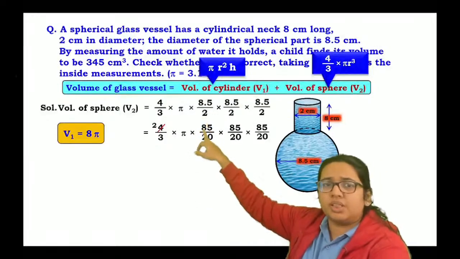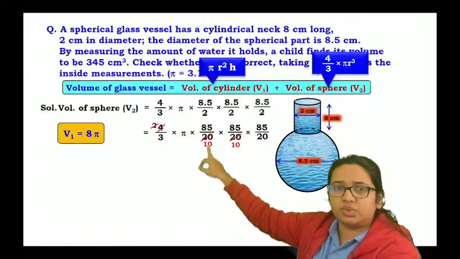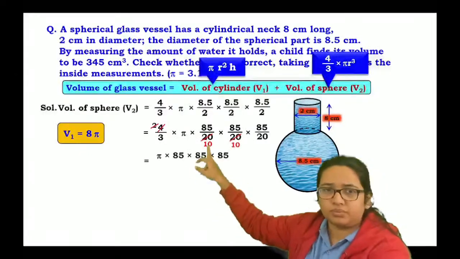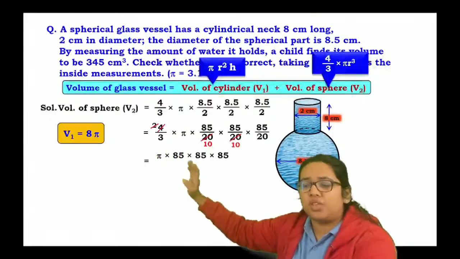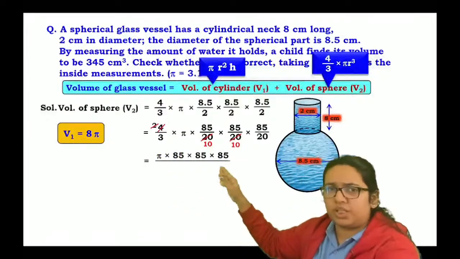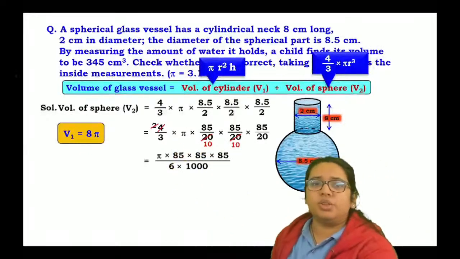8.5 upon 2 is nothing but 85 upon 20. So V2, that is volume of the sphere, is given as pi into 85 into 85 into 85 upon 6 into this.